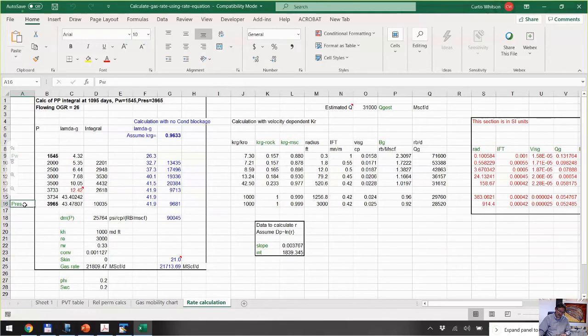PWF, reservoir pressure, area. This is with the KRG effect. This is without the KRG effect. No blockage. Using a KRG of 0.96. You got the mobilities here and here.